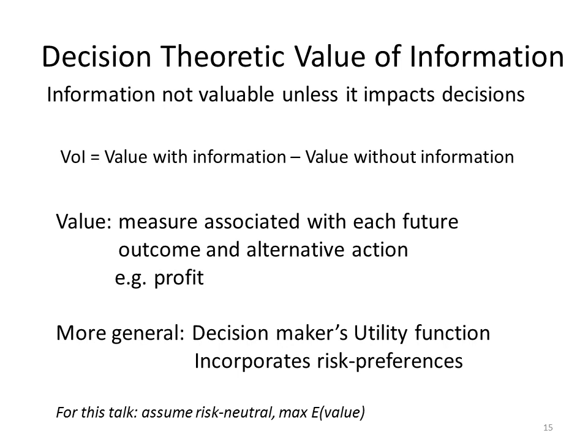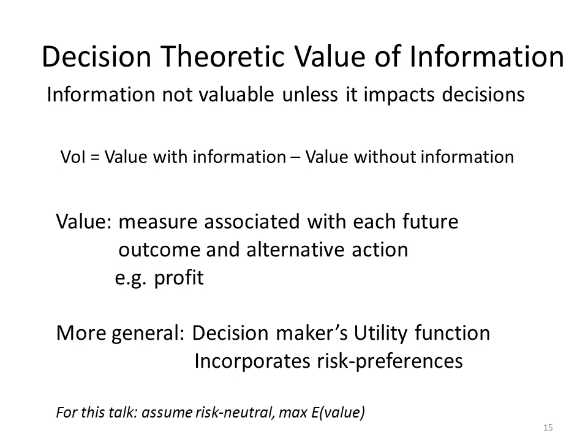So that's the decision theoretic value of information. And the way it is computed, VOI is the value of the decision with the information minus the value of the decision problem without the information. And value is a measure associated with each future prospect, each outcome, combined with alternative action.